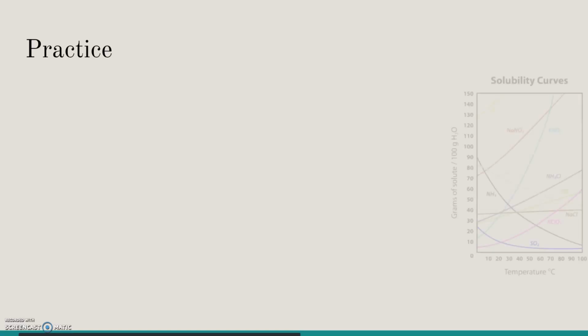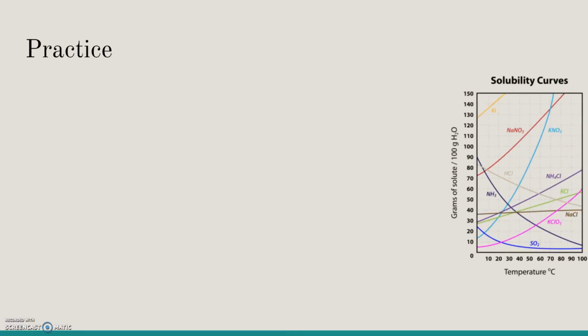Practice. Here is an example of a multiple solubility curve graph. What solute has the lowest solubility at 10 degrees Celsius? KClO3.